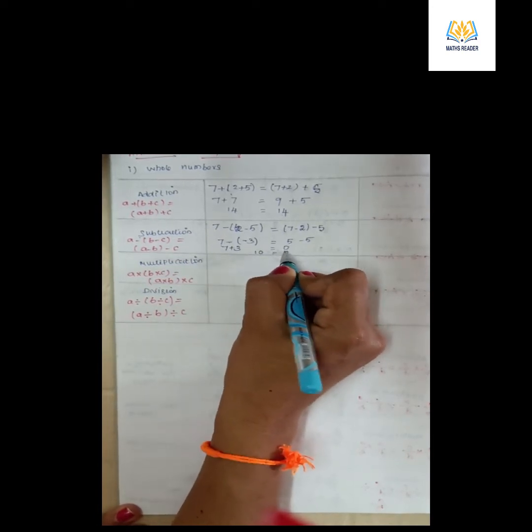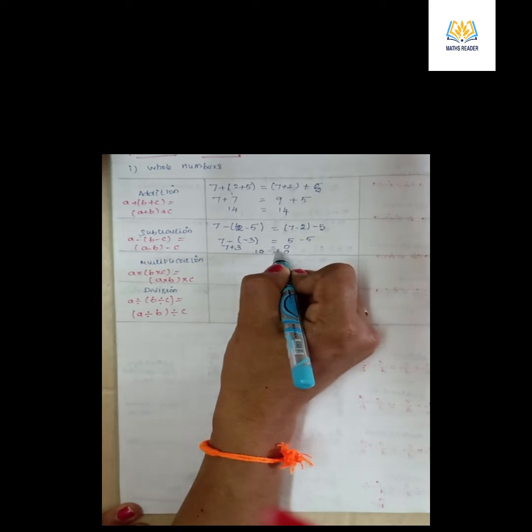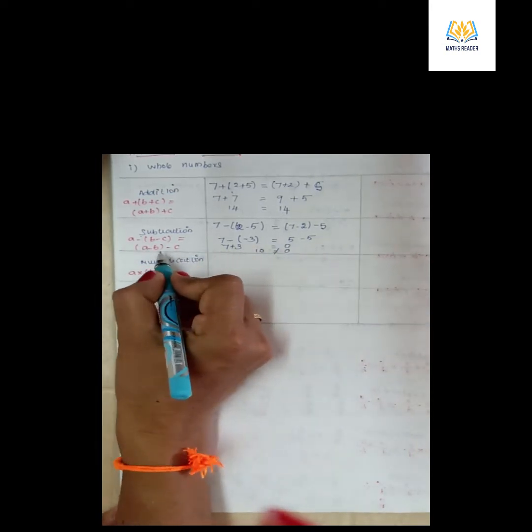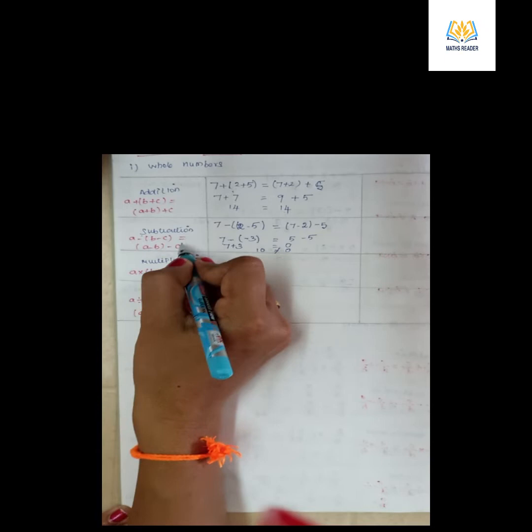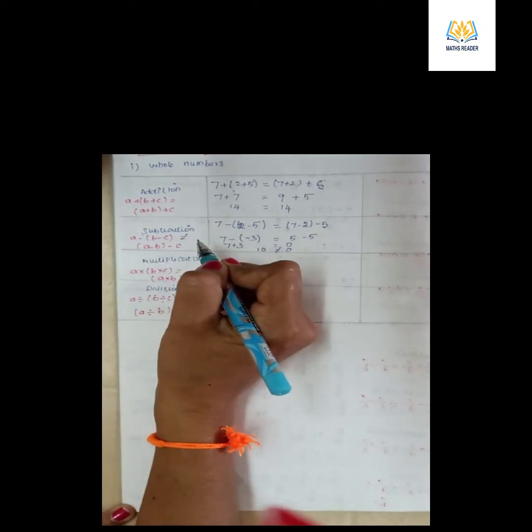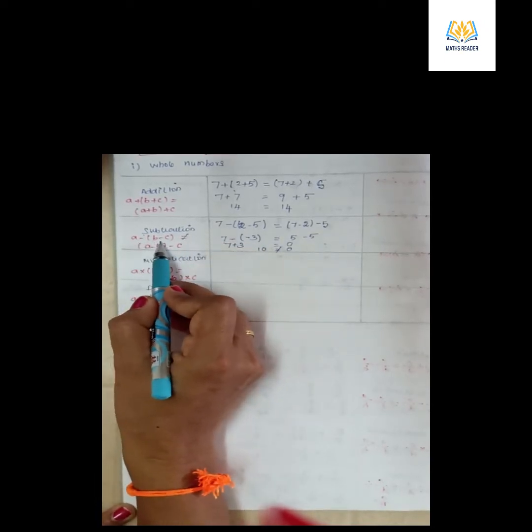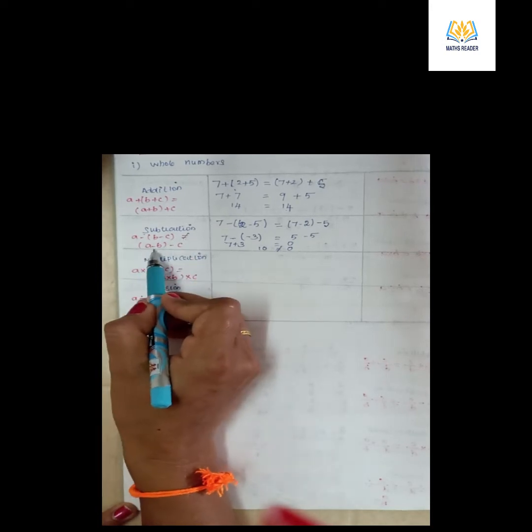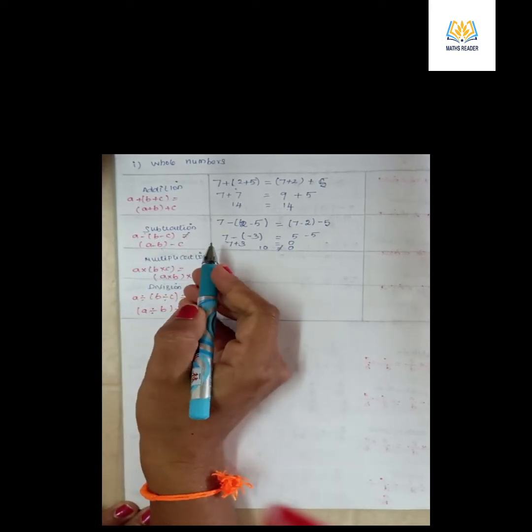On the other side, 7 minus 2 is 5, minus 5 equal to 0. 10 is not equal to 0. So this subtraction does not satisfy the associative property. So a minus (b minus c) is not equal to (a minus b) minus c.